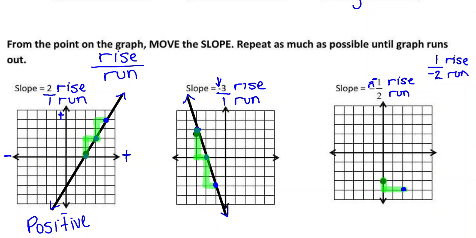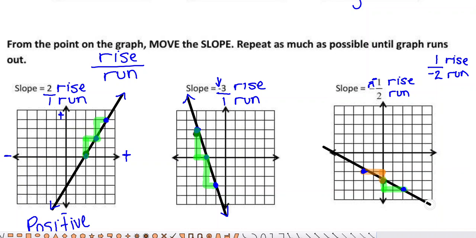You can give it to either number, it doesn't matter, but you only give it to 1. So I could essentially rise +1, run -2, and plot that there. Either one works. Then draw a nice pretty straight line as best as you can. That's a negative slope, so it is a negative line.